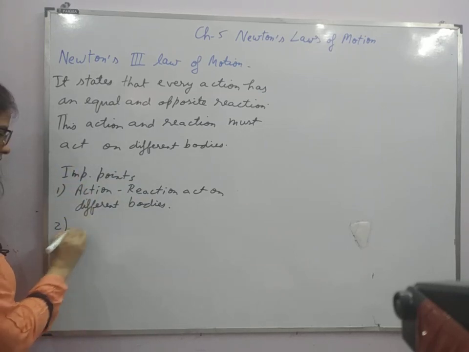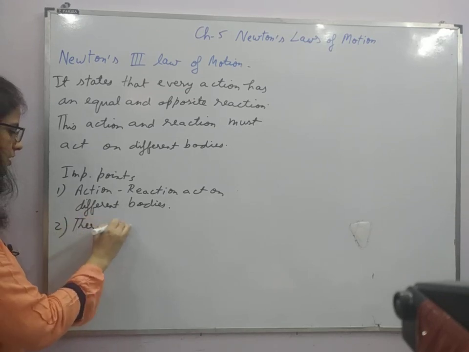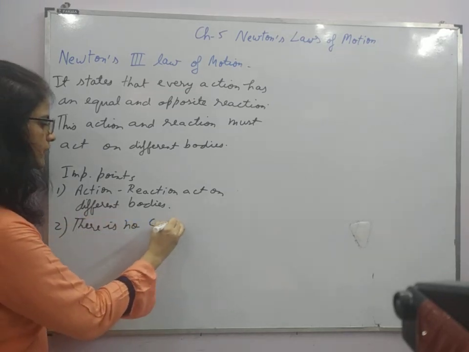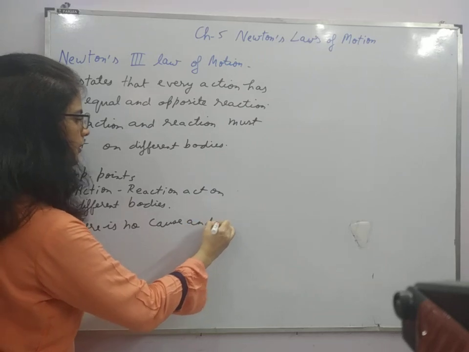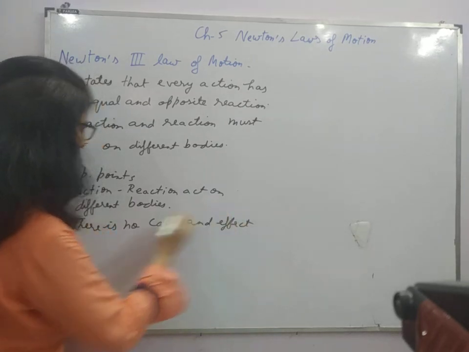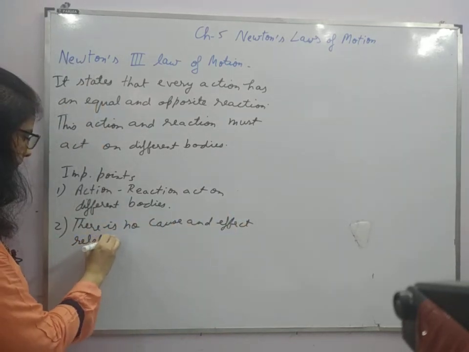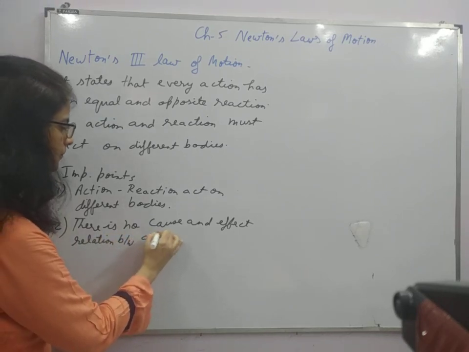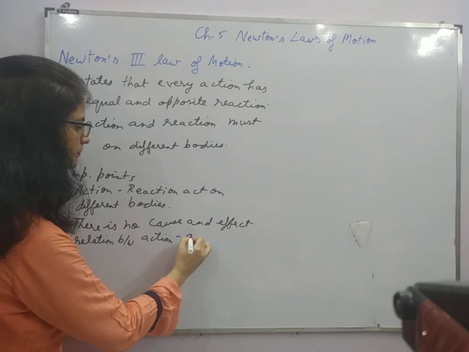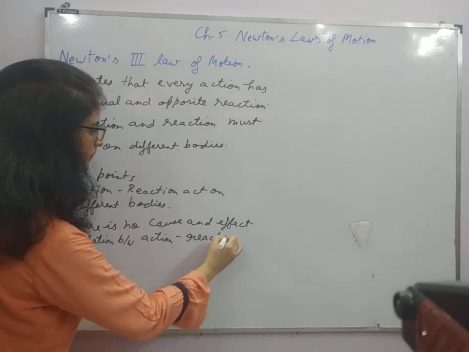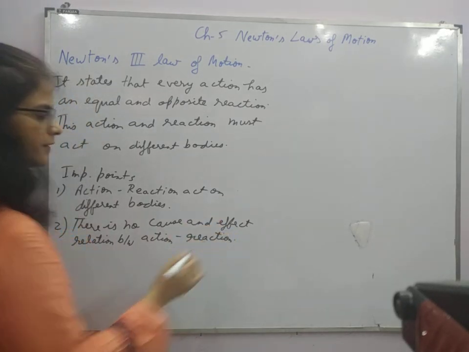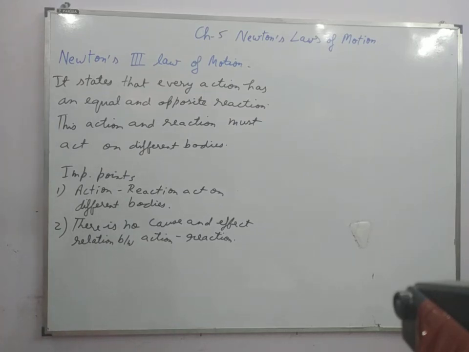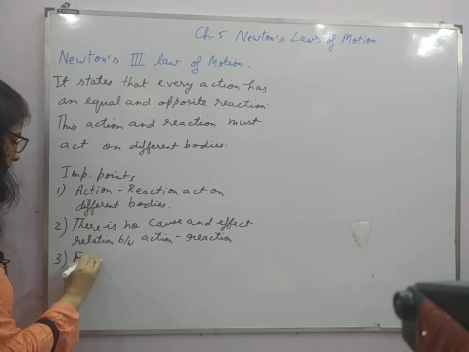So the second point is there is no cause and effect relation between action and reaction, right? A third and very important point is that the forces always occur in pairs.